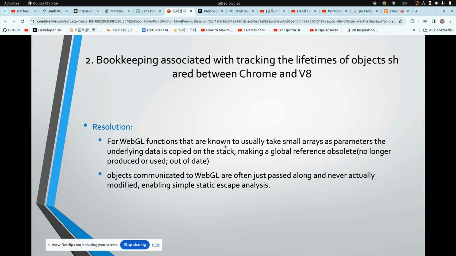The operating system handles memory via the stack, but not the heap. We talked about that before: the heap is for non-fixed data and for storing objects. The objects the WebGL community passes along are often never actually modified, which enables simple static escape analysis.